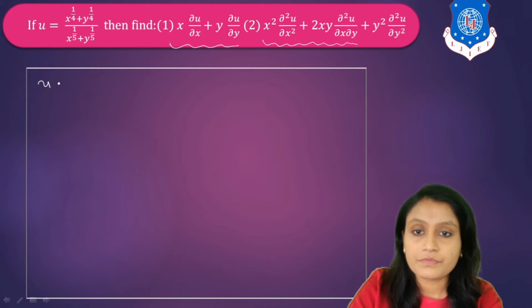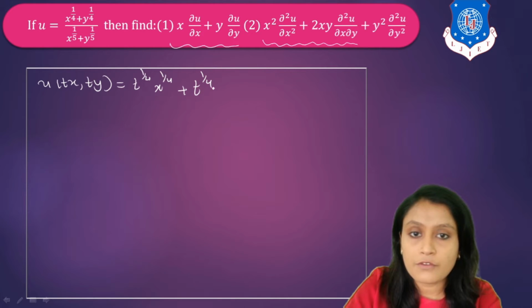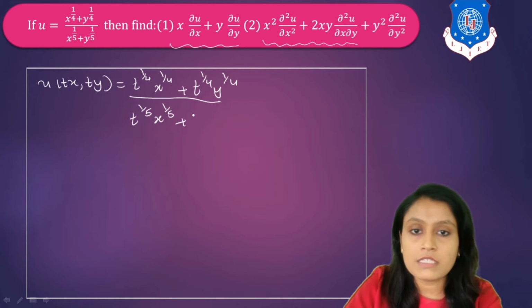So what we have to do, we have to write u(tx, ty), meaning in place of x we will write tx, in place of y ty. So here you will get t^(1/4) x^(1/4) plus t^(1/4) y^(1/4), upon t^(1/5) x^(1/5) plus t^(1/5) y^(1/5).